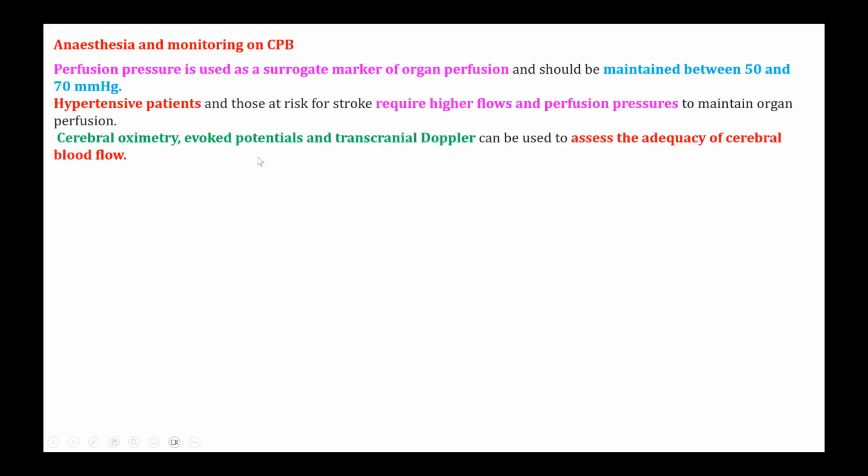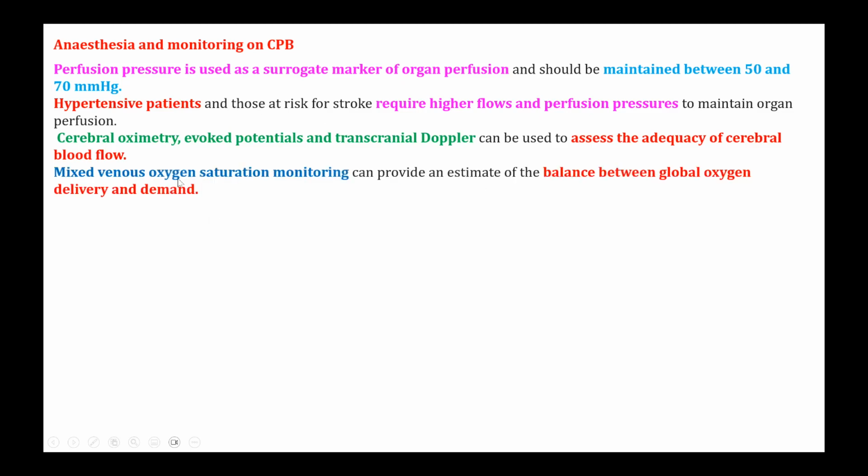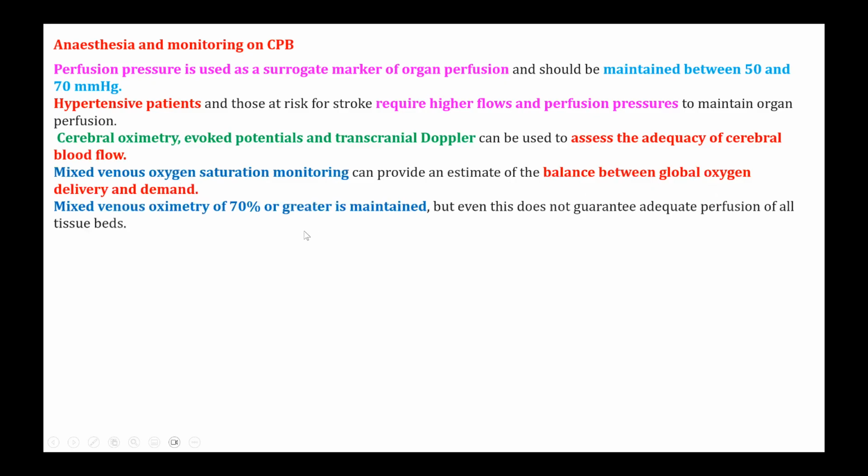Cerebral oximetry, evoked potentials, and transcranial Doppler are all used to assess the adequacy of cerebral blood flow. Mixed venous oxygen saturation monitoring provides an estimate of the balance between global oxygen delivery and demand, and a mixed venous oximetry of 70% or greater is maintained to make sure that cells get adequate oxygenation.